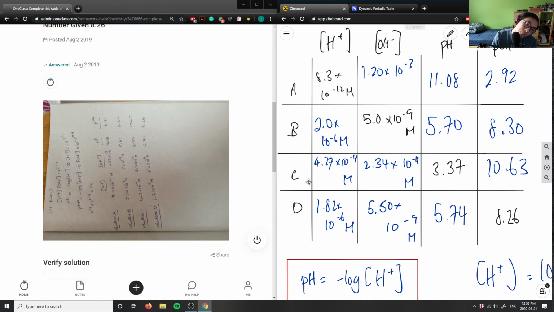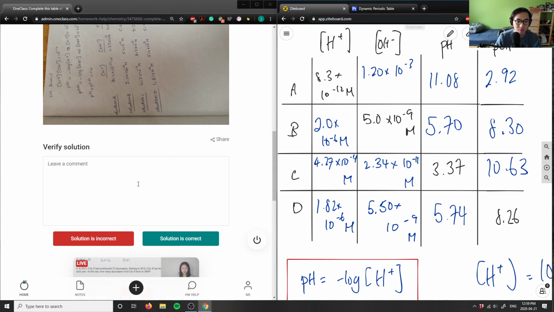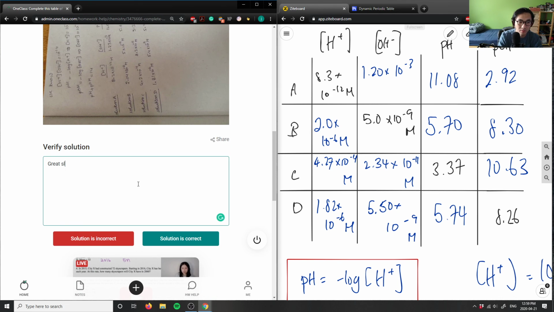That's good. 4.27 I have here times 10 to the negative 4. They have 4.2. That's fine. 2.34 times 10 to the negative 11, 3.37, 10.63. And then finally 1.81. I have 1.82 times 10 to the negative 6. They have 5.4. I have 5.5, 5.74, and 8.26. This here is my correct solution. So great solution.